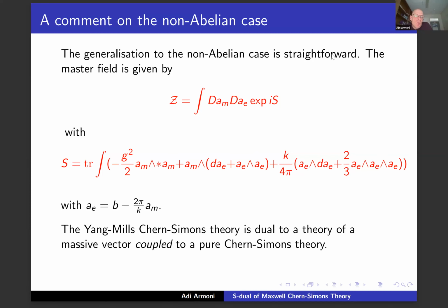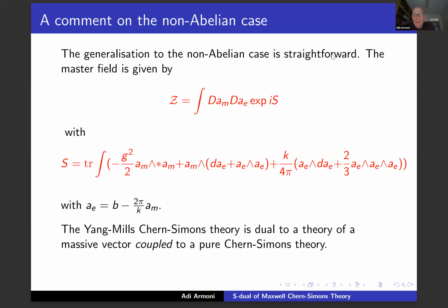So let's see. I propose to start with the following action. And you see, the first term is the same as in the abelian case. The second term is a bit more involved because I want to get the Yang-Mills theory upon integrating over AM. So instead of dAE, I'm adding to it AE wedge AE.